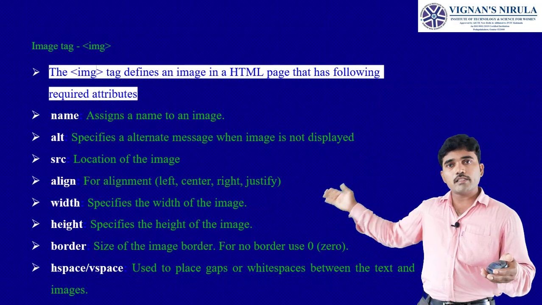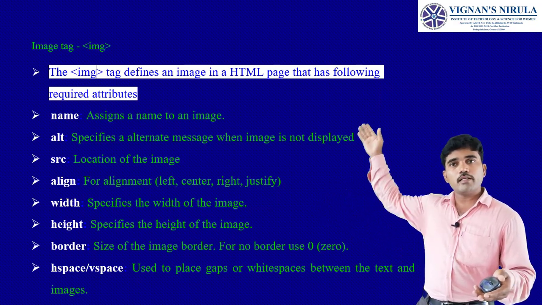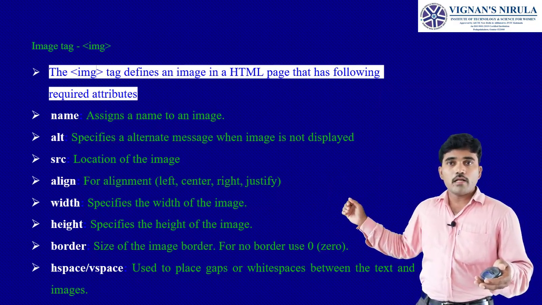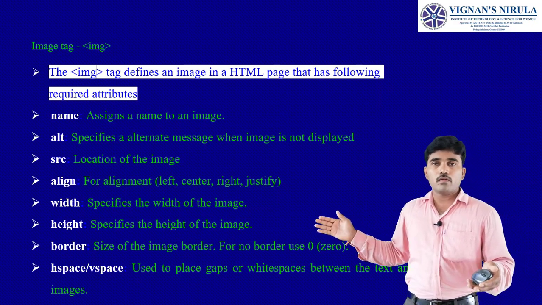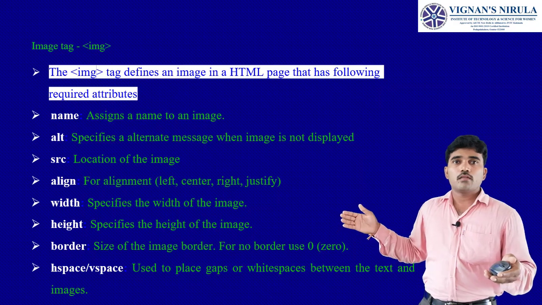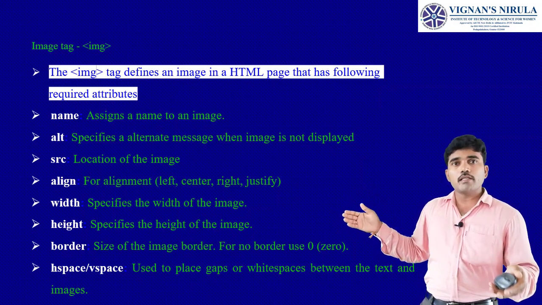Coming to the next attribute, height, it specifies the height of the image along the vertical direction. Understand? The next attribute is border. If you want to specify a border, you use the border attribute, which specifies how large the border size should be displayed.